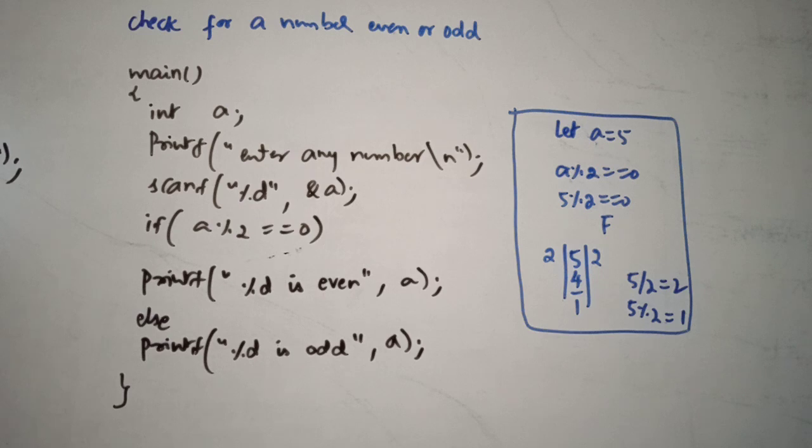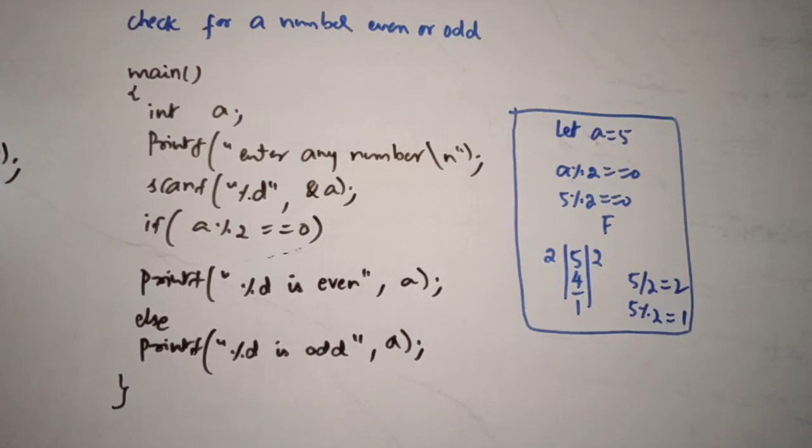What is the condition? a mod 2 equal to 0. 5 mod 2 equal to 0 is false, so 5 is an odd number. You take 4 mod 2 equal to 0. So the condition is true, and 4 is even.